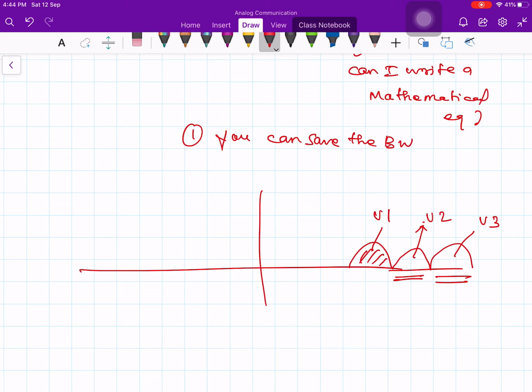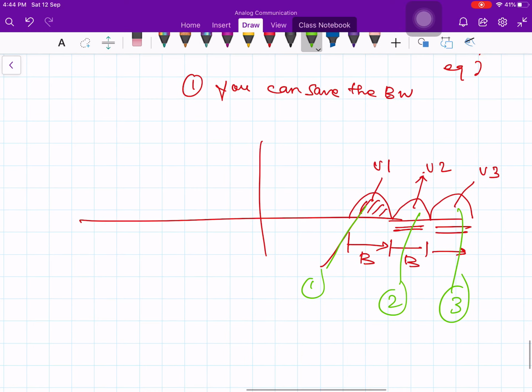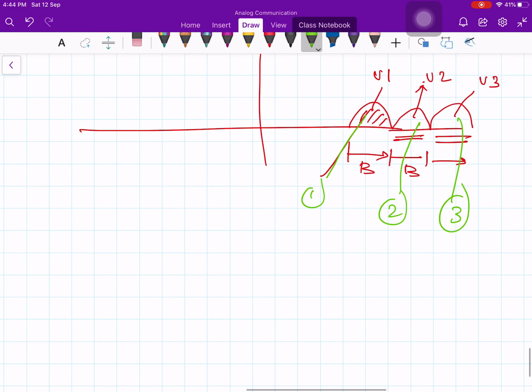Because of SSB, you can pack as many message waveforms as possible, and each of them occupies only B hertz, exactly B hertz. It is not asking for much more bandwidth. I can put one message here, one here, one here, and a third message here, and so on, side by side at a spacing of only B hertz. There are some methods available to do that.